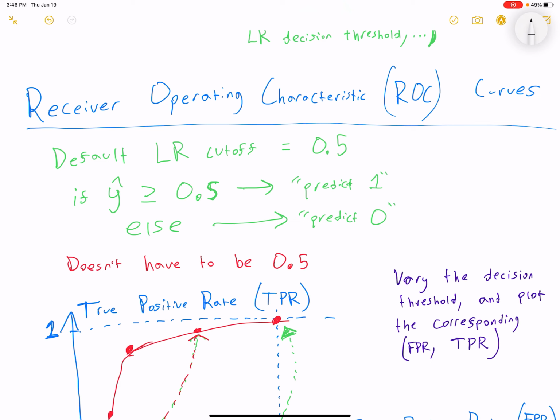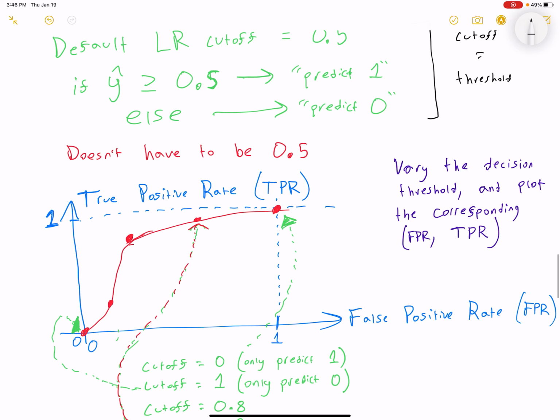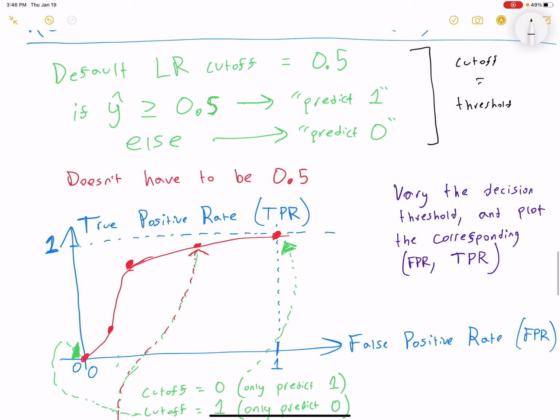Sorry, I have a question. If the threshold and cutoff are the same, I don't understand how we predict 1 when the cutoff is 0. So when the cutoff is 0, that means that if y hat is above 0, we predict 1, and if it's below 0, we predict 0.